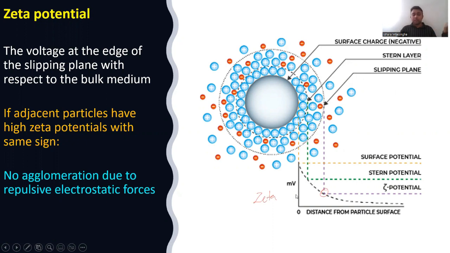Here the zeta potential may be some value, let's say 10 millivolts. If the other particle also has 10 millivolts, both are plus, so there is a big electrostatic repulsion and they cannot come together. So the system is stable. If you know the zeta potential, you can directly predict whether the system is stable or not. Did you understand that?